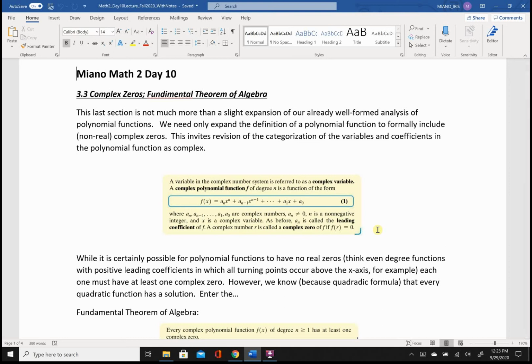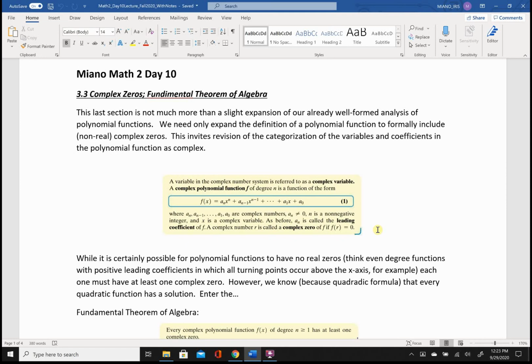So the complex number set, just to be clear, is all of the real numbers, all of the imaginary numbers, all together in one enormous set, okay? So while imaginary and real numbers are disjoint sets compared to one another, collectively they form the complex number set.